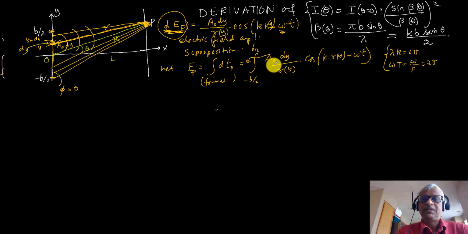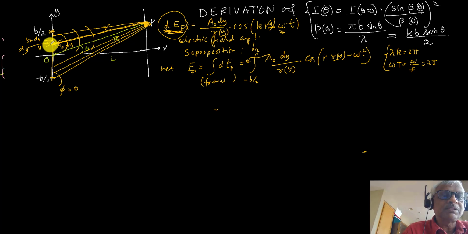Now let's see what r as a function of y looks like. So notice I'm going to call this point A. So look at triangle OAP. Triangle OAP looks like this.